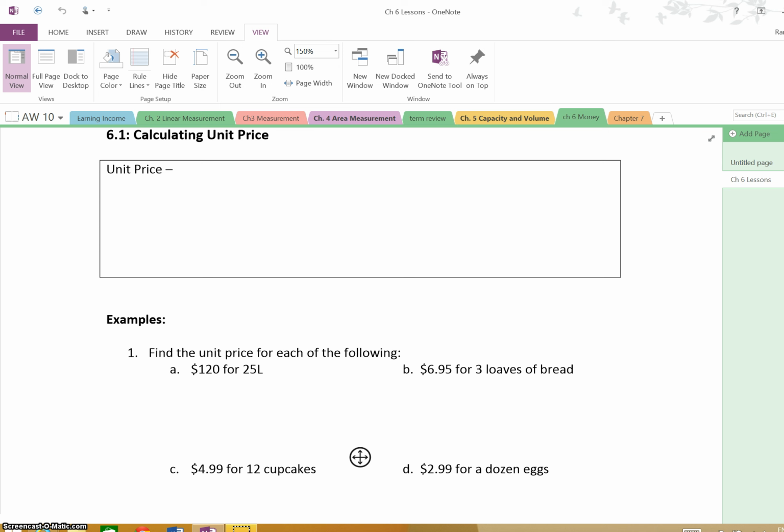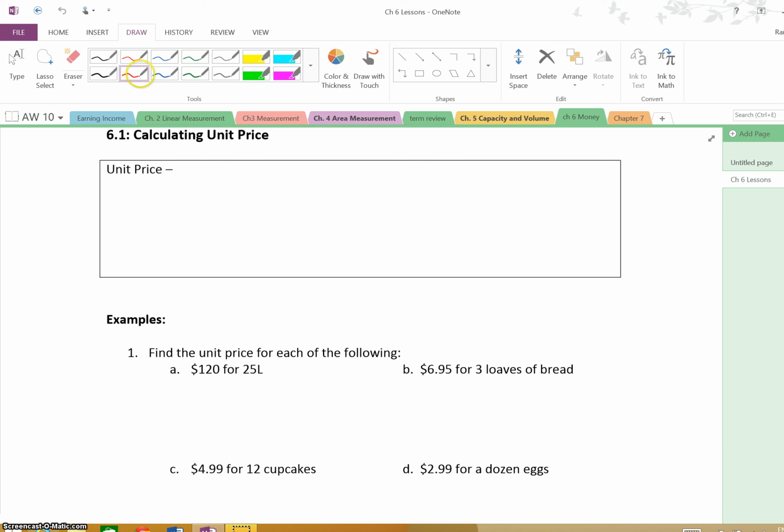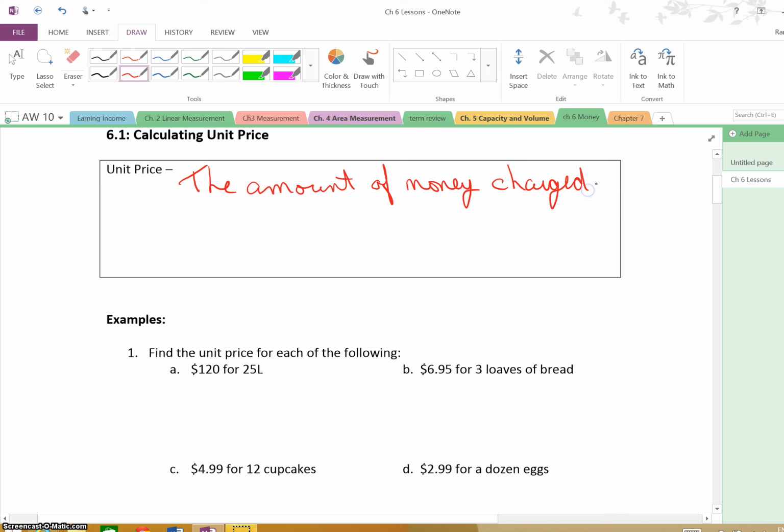So today we're going to take a look at calculating unit price. Basically, unit price is the amount of money charged for a unit of an item.